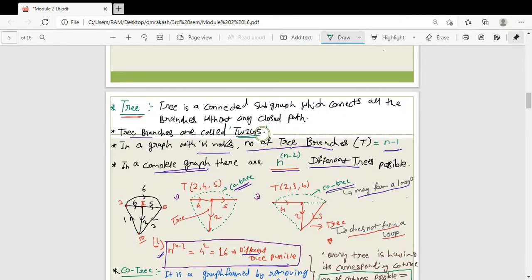Tree branches are also called twigs. In a graph with n nodes, the number of tree branches is n minus 1. And in a complete graph, there are n to the power of n minus 2 different trees possible. So the number of trees possible is n to the power of n minus 2.